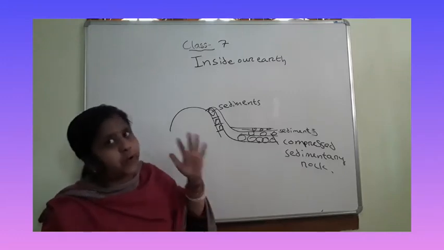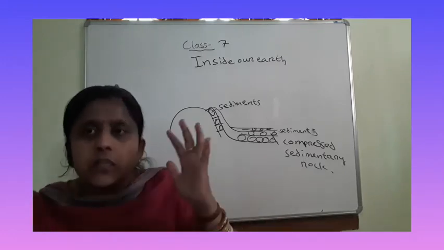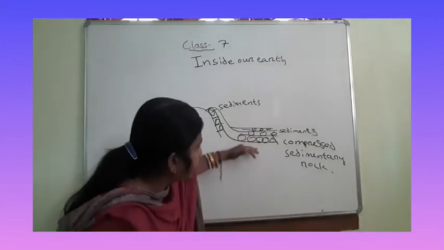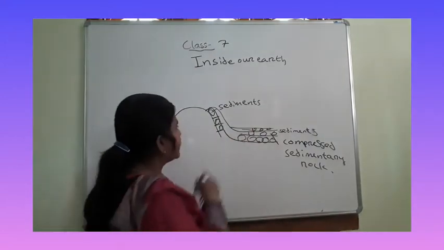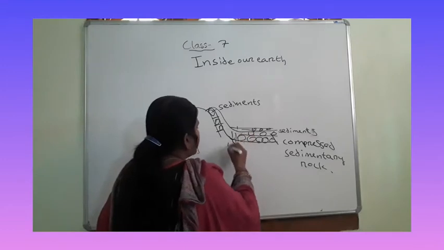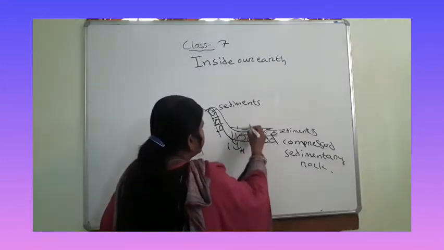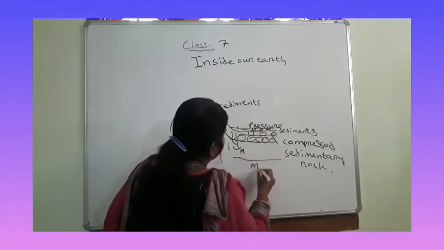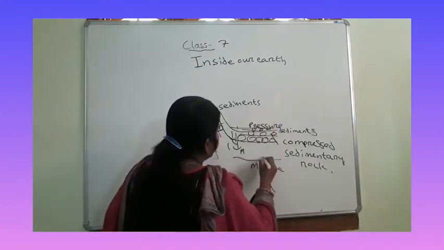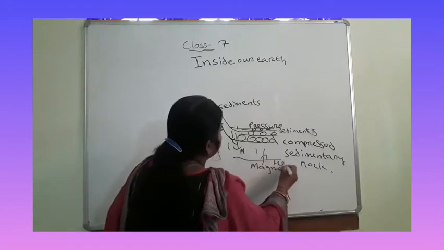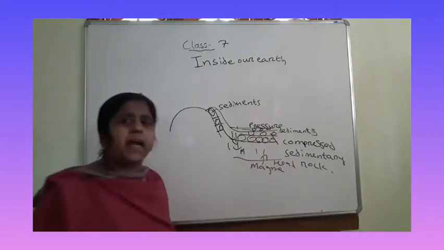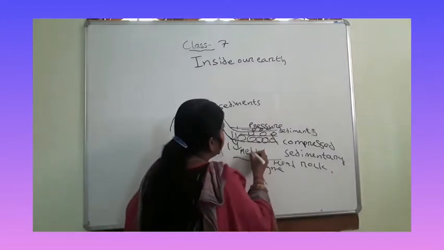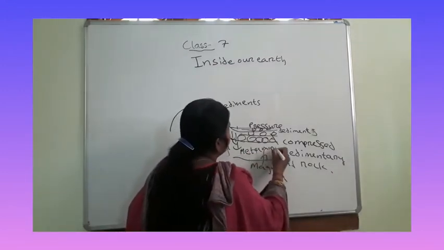Now metamorphic rock. Children, due to heat and pressure, the sedimentary rocks are compressed, more pressure is applied, and in the magma layers the heat is given out. Due to heat and pressure, this sedimentary rock changes into metamorphic rock.